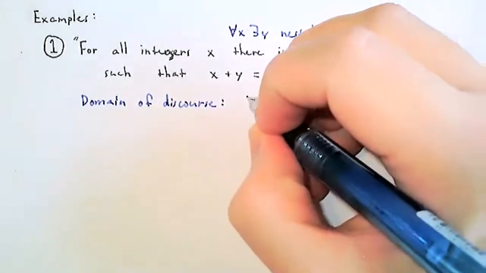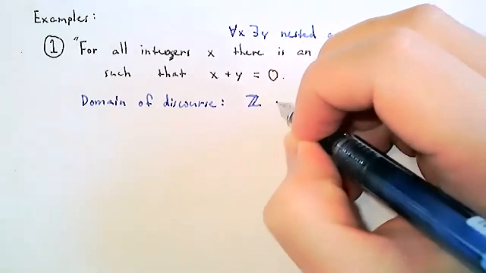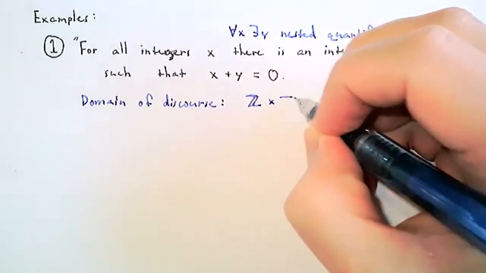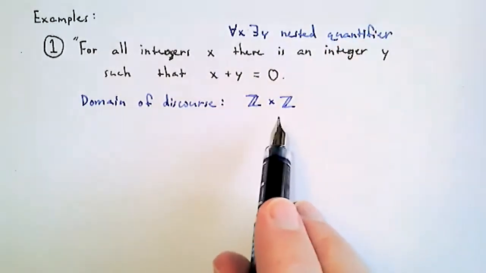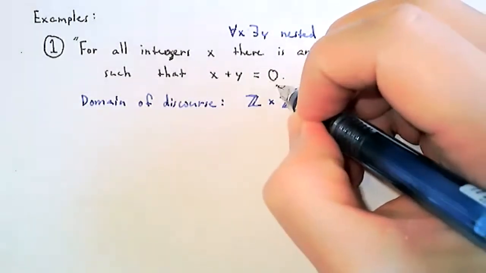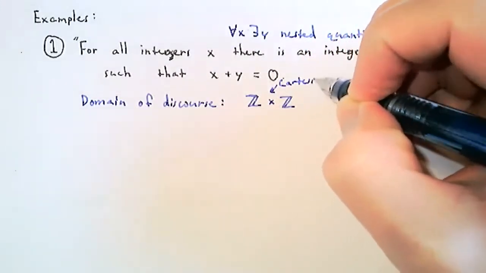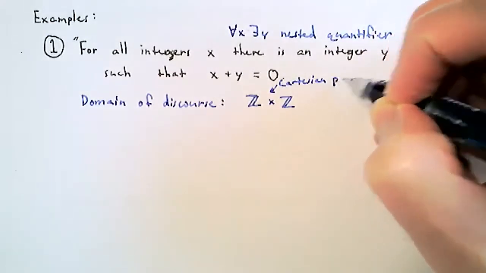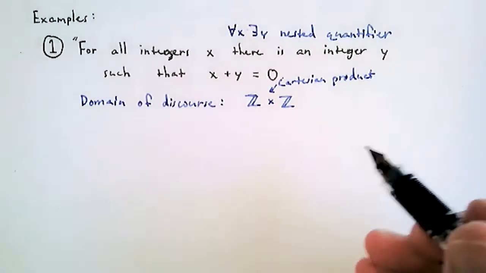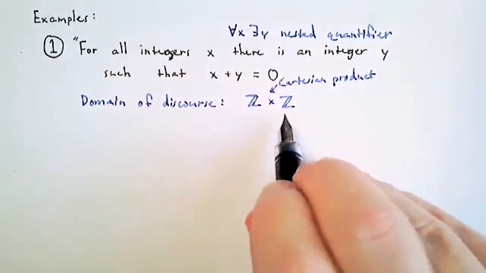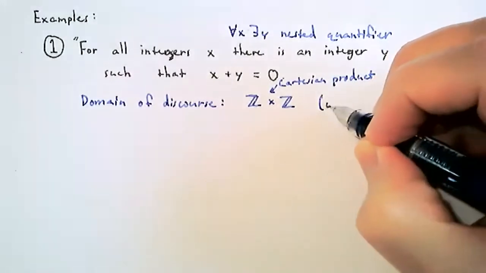And when we're talking about nested quantifiers, we're actually going to end up talking about these guys. So you might remember this is the Cartesian product from the first section. Which is kind of just a fancy way of saying ordered pairs of integers in this case.